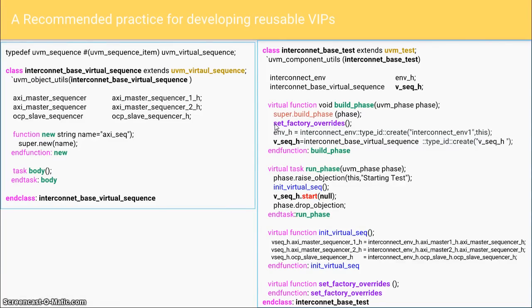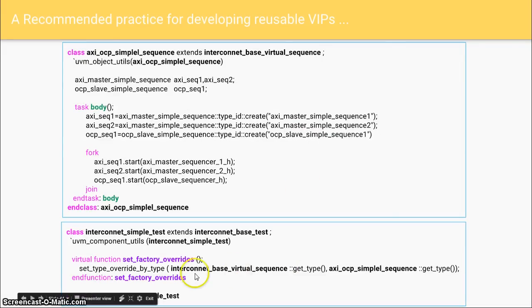So again, the extended test has all the properties of the base test. So when its build phase function is called, it will call the super build phase function, and again it will call the set factory override function, which is nothing but overriding the interconnect base virtual sequence type to the new virtual sequence we have created here.